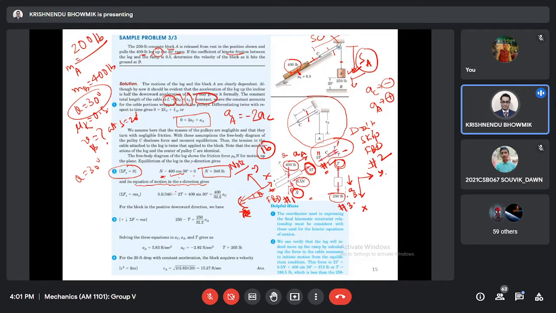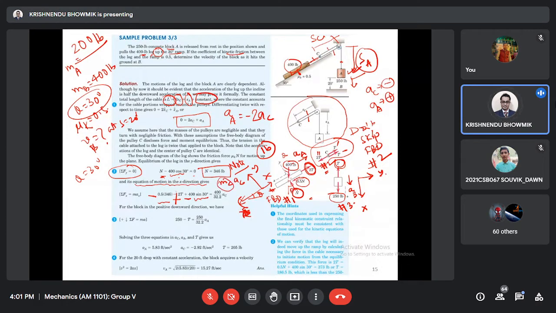So this is plus 2T minus 400 sine theta, yes, along this 400 sine theta, then minus mu N equal to m_c a_c.